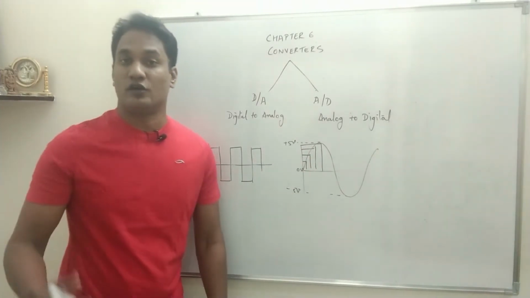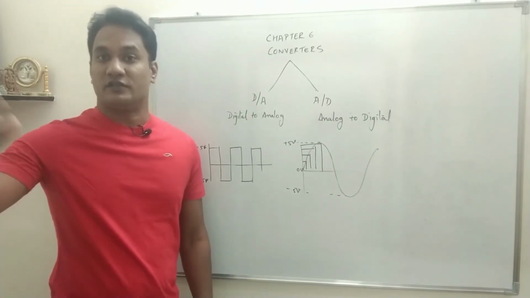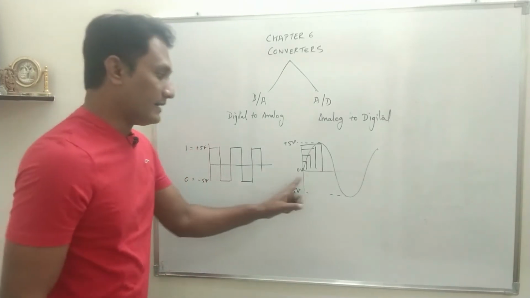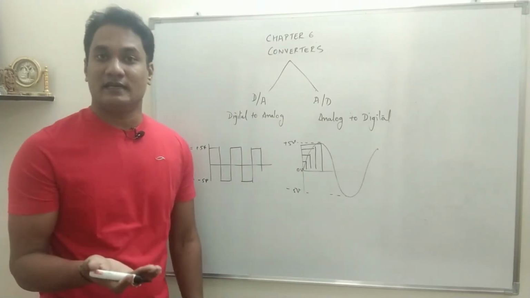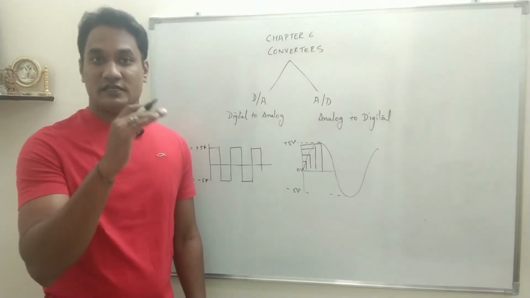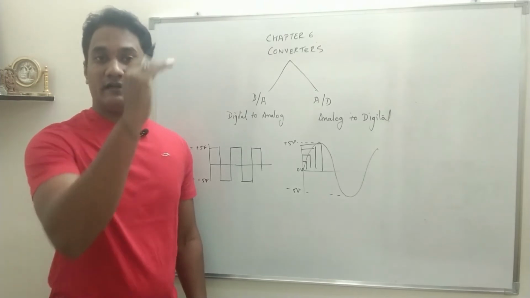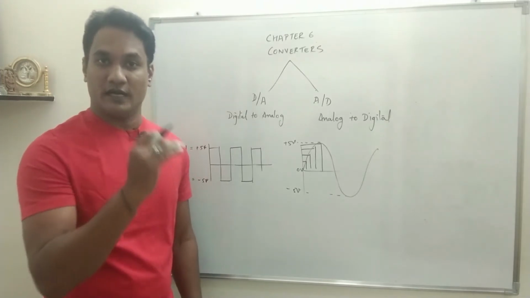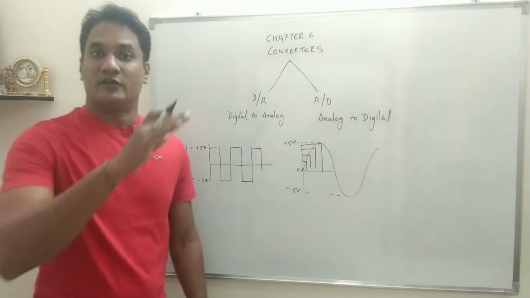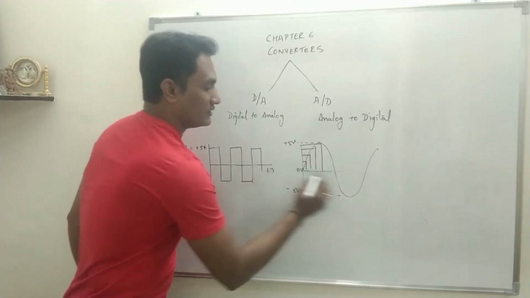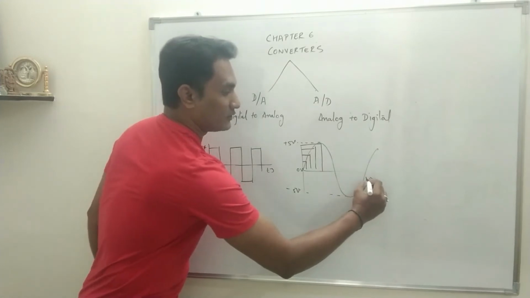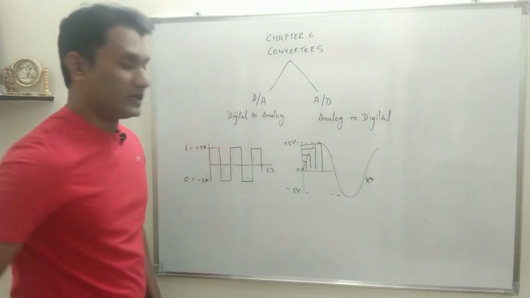Like this, the output voltage will continuously vary with respect to time. So this is analog, this is digital. Digital signals change their state at discrete levels, 0 and 1, 0 and 1, whereas an analog signal is continuously varying with respect to time. So this is the time reference.